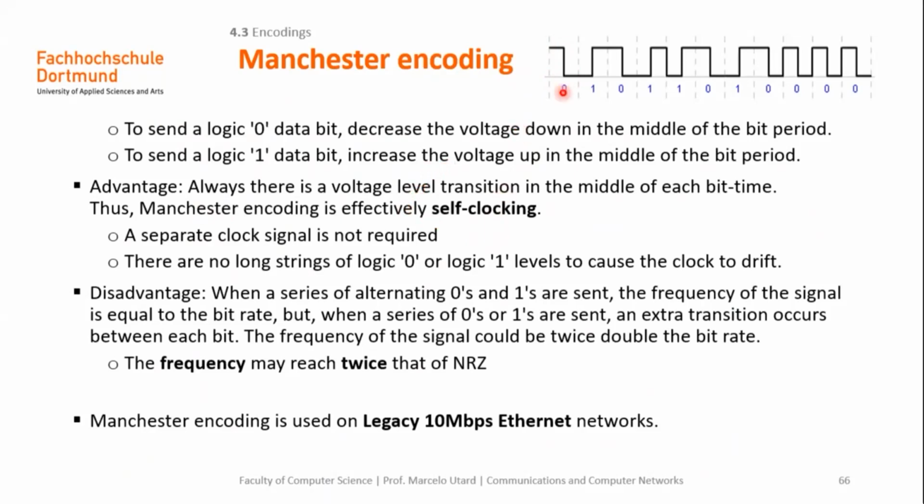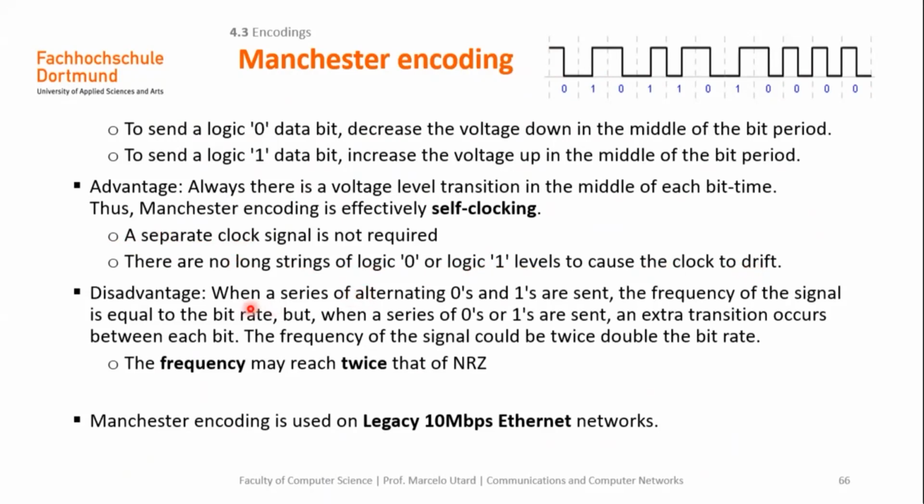That is, there is always at least a transition in each bit time, and when, for instance, there is a train of same bits, a train of zeros or a train of ones, there are two transitions per bit time. Then the conclusion is a separate clock signal is not required, and there are no long strings of logic 0 or logic 1 levels to cause the clock to drift.